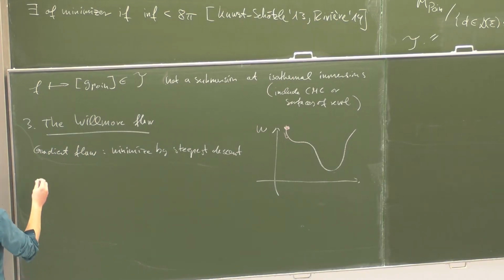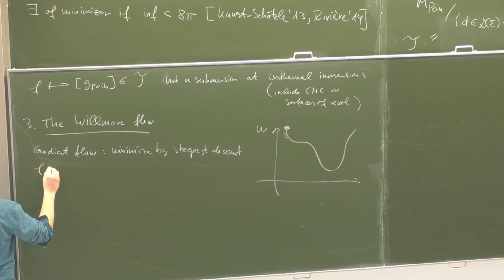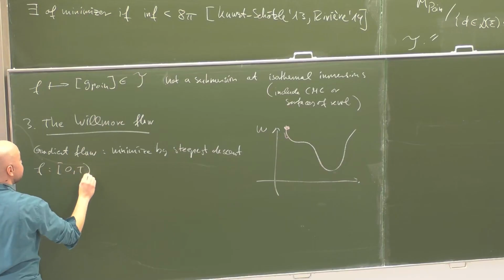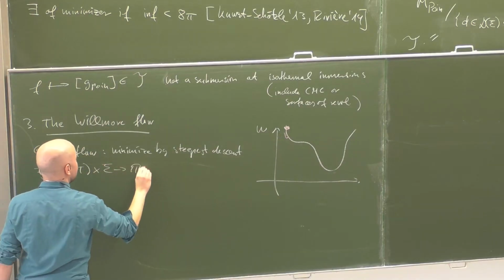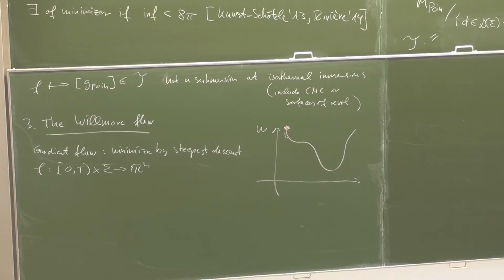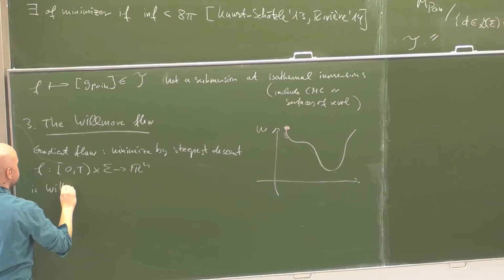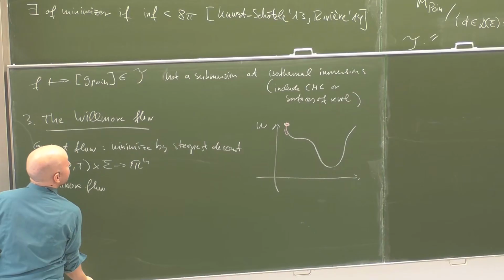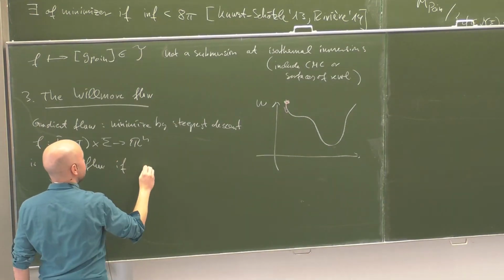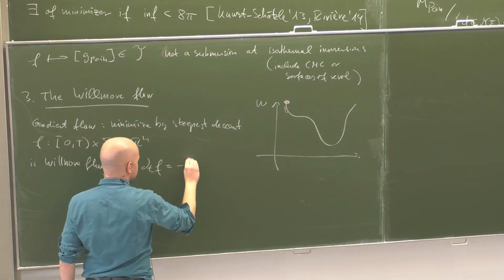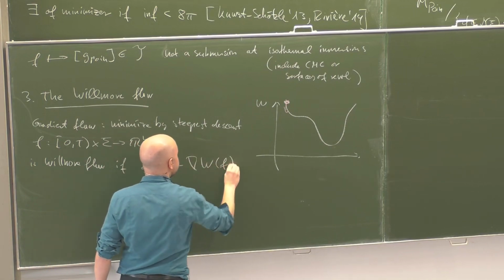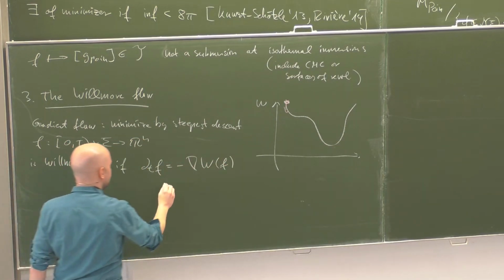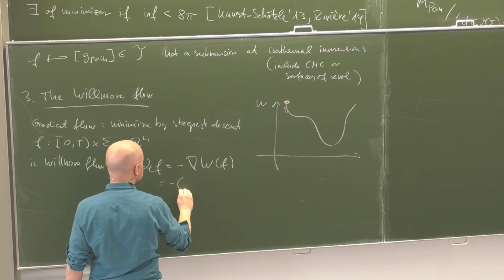In the case of the Willmore energy, this leads to a PDE. A family of immersions on a time interval (0,T), all defined on a common surface Sigma, is a Willmore flow if the velocity is the negative gradient of the Willmore energy. You can compute it explicitly.